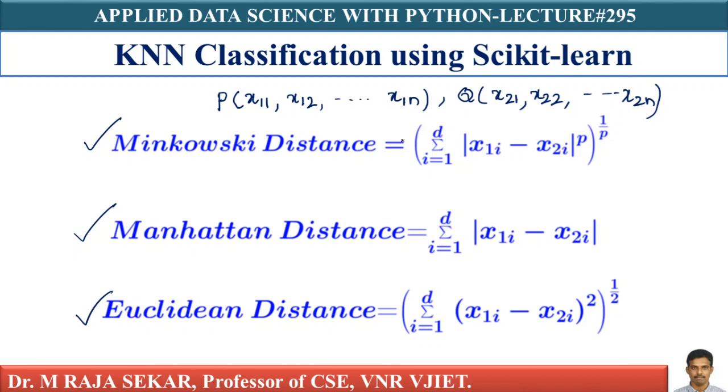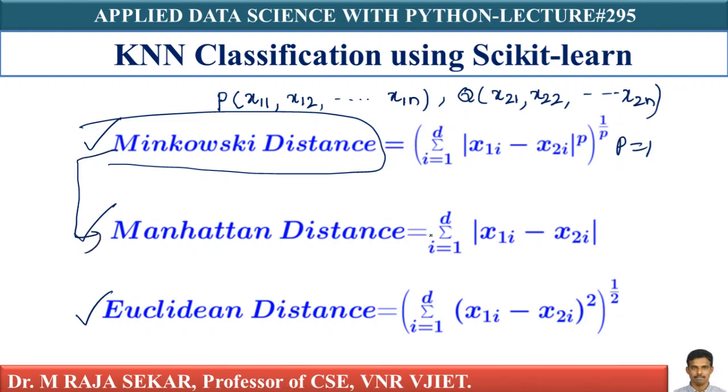If there are two points P and Q, how can I find the Minkowski distance? This is the formula: sigma i equal to 1 to d, mod of x1i minus x2i, whole to the power of p, then I must keep whole to the power of 1 by p. If I say p equal to 1, this distance will become Manhattan distance.